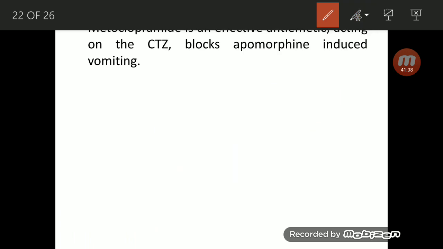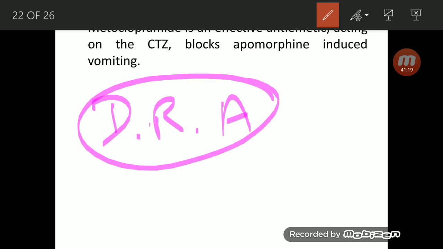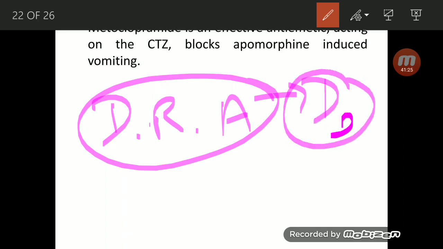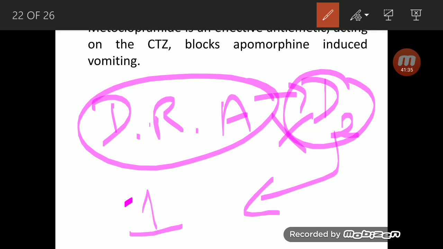And lastly, it has some dopaminergic receptor antagonism. Okay, dopaminergic receptor antagonism. So it blocks your D2 receptors. D2 receptor is generally inhibitory in nature.